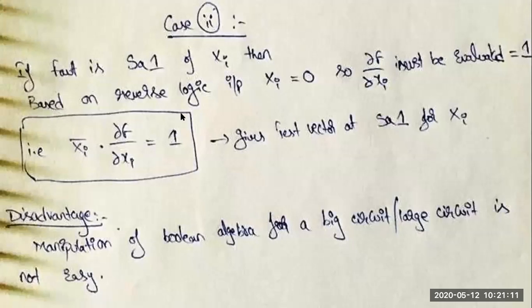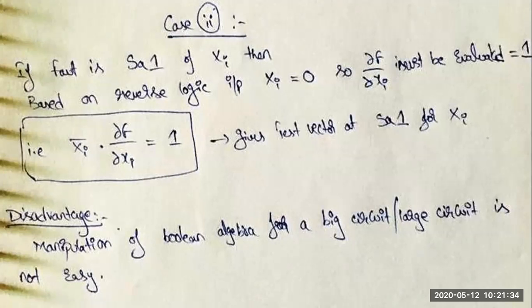Now the second case comes up, if the fault is stuck at 1. Here also you'll be coming out with the reverse logic again. If the fault is stuck at 1, you'll be applying a 0 over there. That is the reverse logic: a 0 will be applied at the xi input.